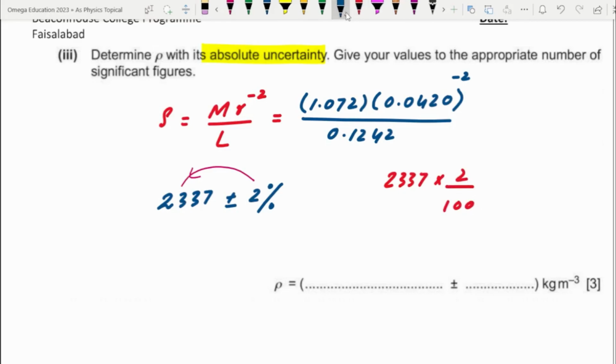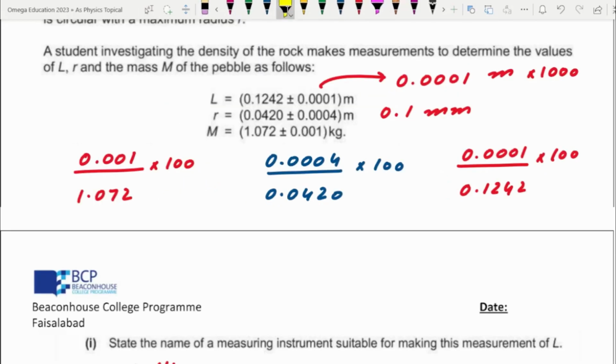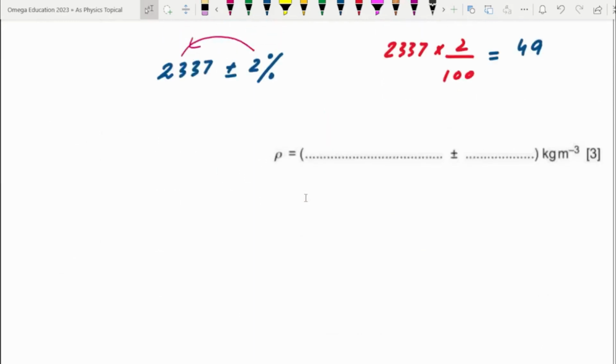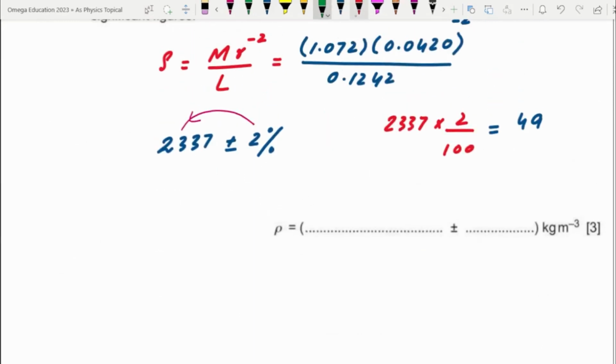You'll be getting 2% of this thing, which in 2SF, if you round it off, would be 49. So all the absolute uncertainties in the measured value in the raw data were given in one significant figure. So your absolute uncertainty in one significant figure from 49 would be written as 50.